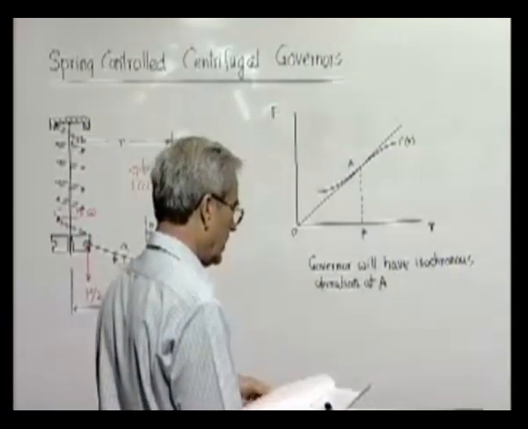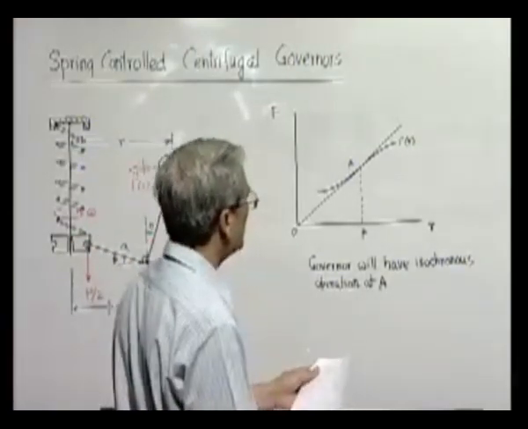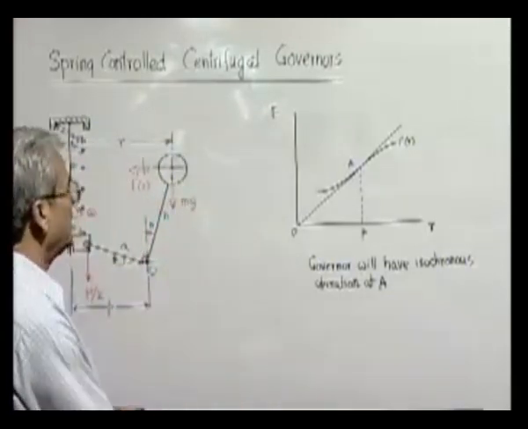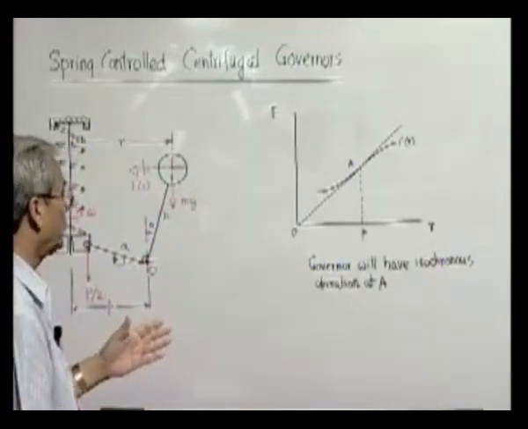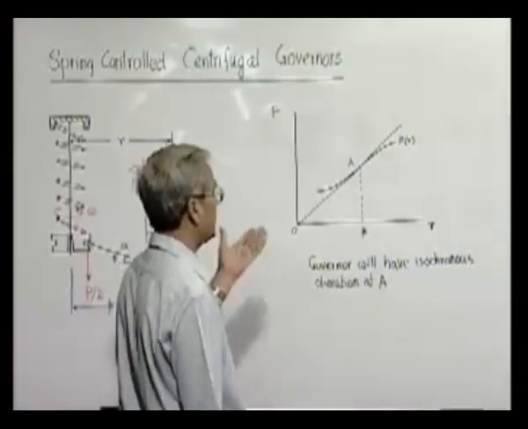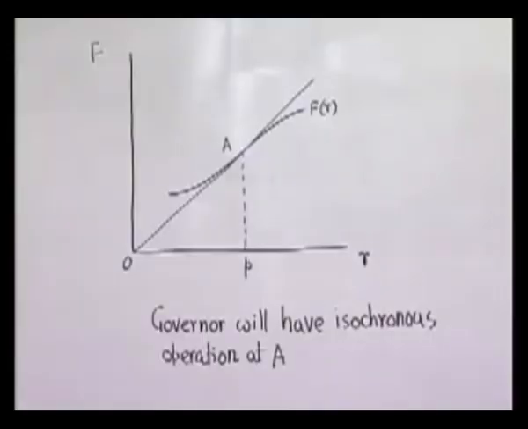Now another important point, that we are improving, we are trying to increase the sensitivity. But there is a limit to that, and we have to be very careful about increasing the sensitivity as much as possible. In that particular situation, where sensitivity is high, the governors are susceptible to a particular phenomenon which we call hunting, and let us see what that is.